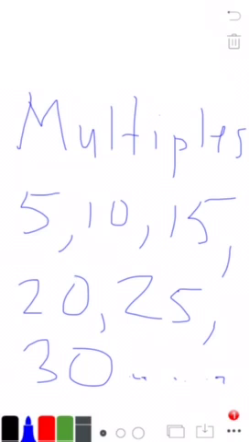Numbers go on forever, but that's what the multiples of 5 are. If I ask for the multiples of 2, you would count by your 2s. 2, 4, 6, 8, 10, 12. So if you see any questions that ask you to count by or to tell you the multiples of a certain number, that's all you're doing is counting by that number.